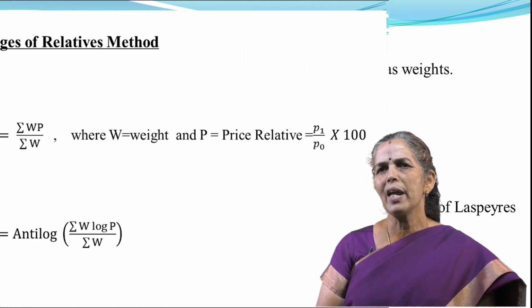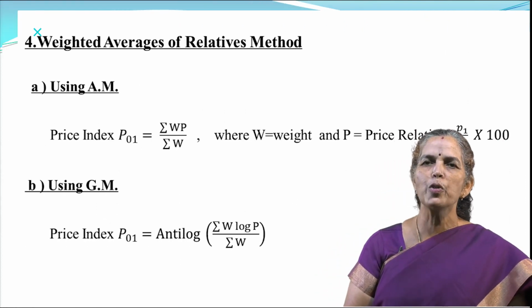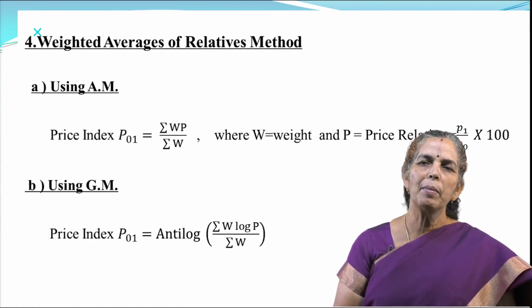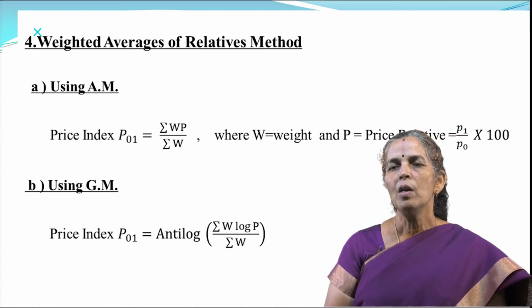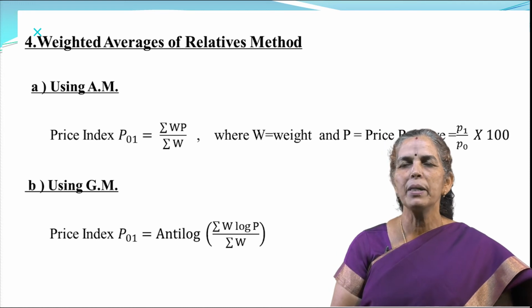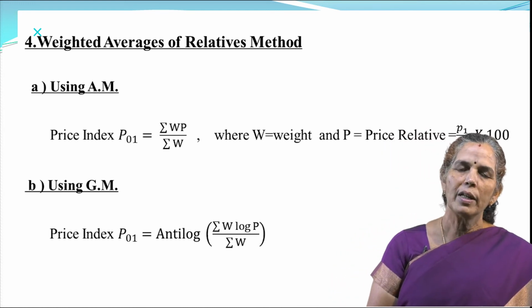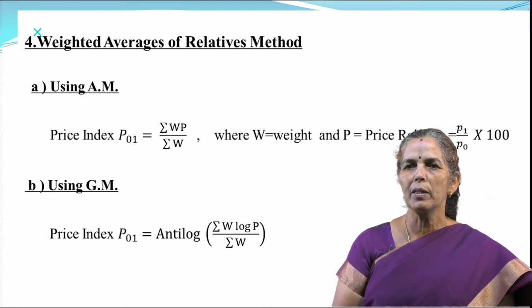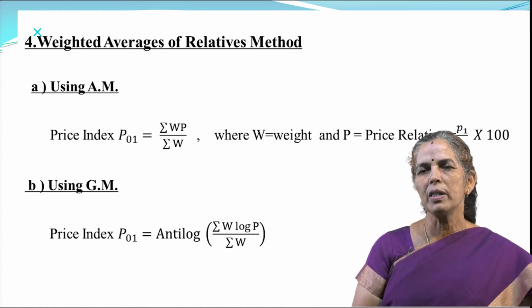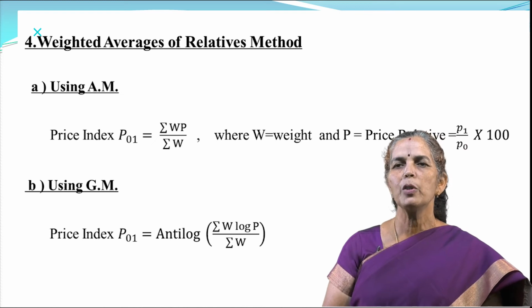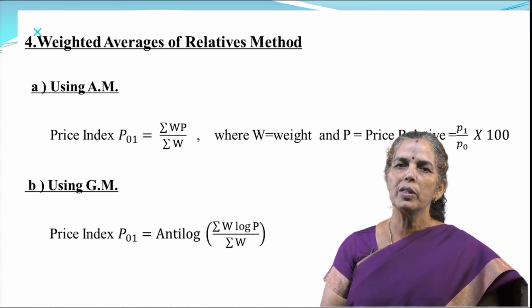Number 4, weighted averages of relatives method using A.M. Price index number P01 equal to summation W into P divided by summation W, where W represents weight and P represents price relative, that has the formula P1 by P0 into 100. Using geometric mean, price index number P01 equal to antilog of summation W into log P divided by summation W.